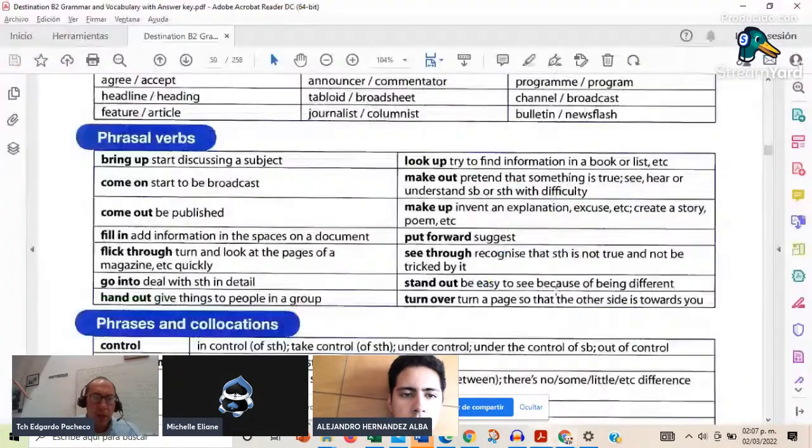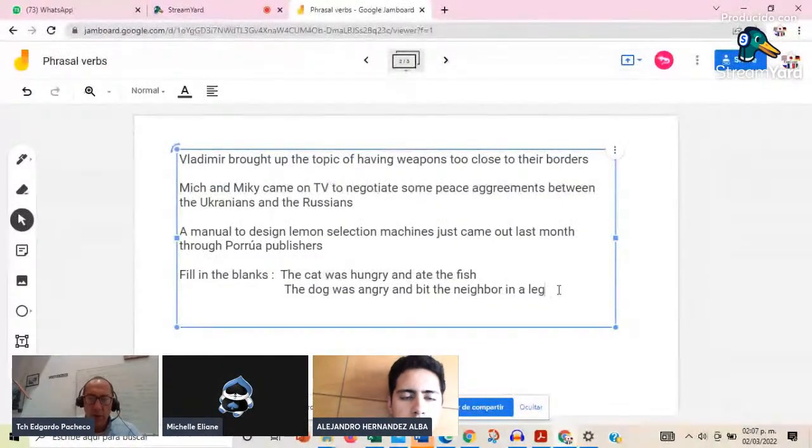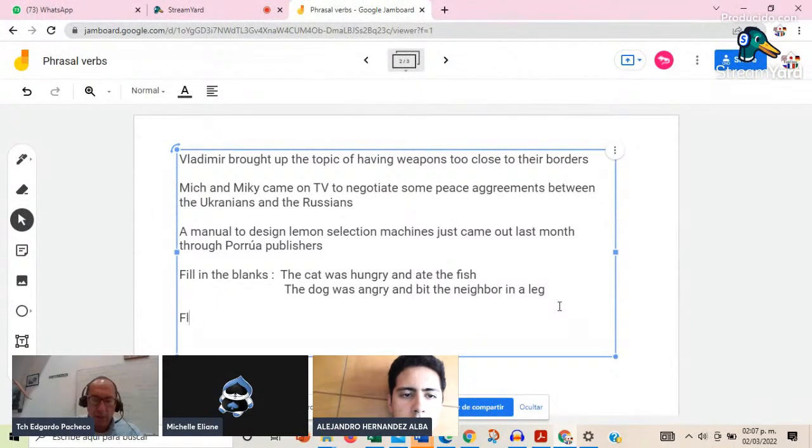And you have other words that you can add to the session. You can also put the next one, flick through. Flick through is that you check a magazine. Flick through, right? Tell me the name of a good book that you like, Mich or Miky. A good book that you like.